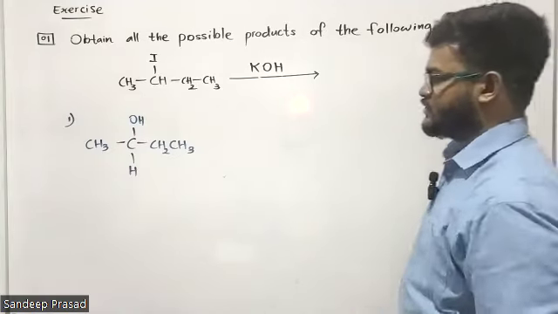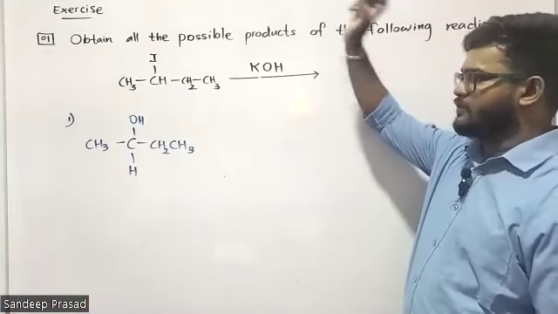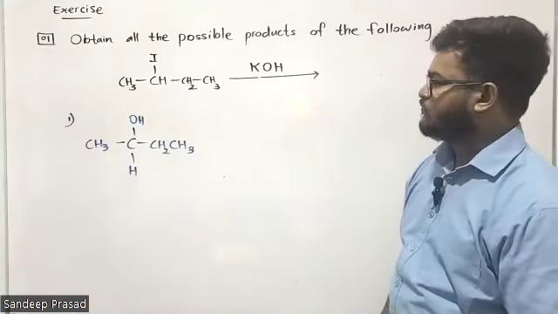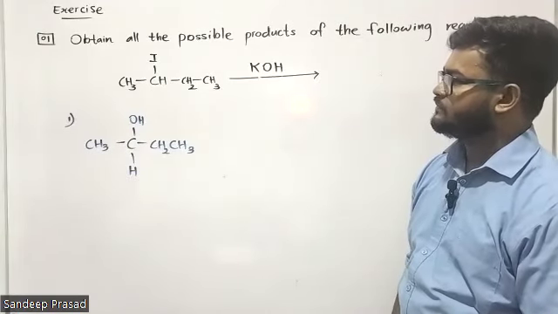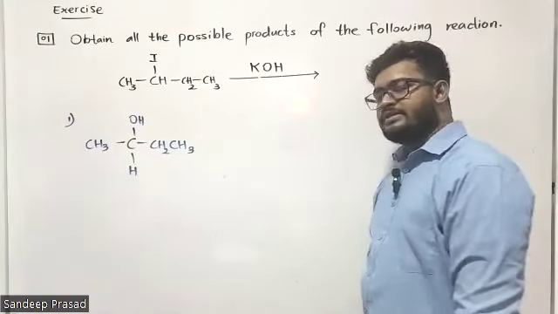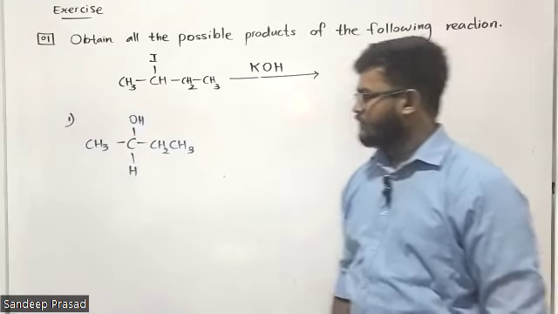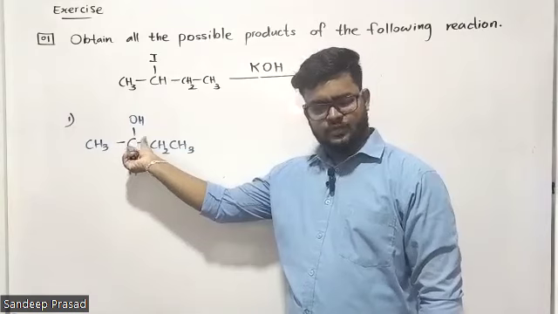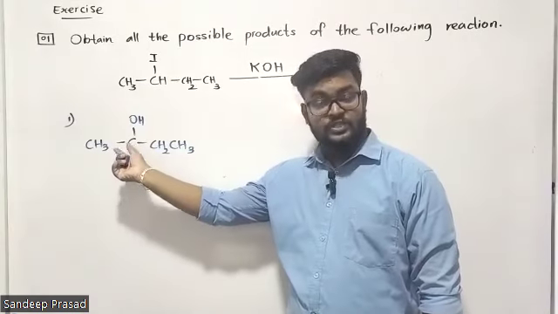But now look at this one, students. Here, another interesting thing. They're asking all the possible products. If they ask all the possible products here, I'm going to consider the isomerism also. What is the specialty of this carbon? What we learned under the theories?